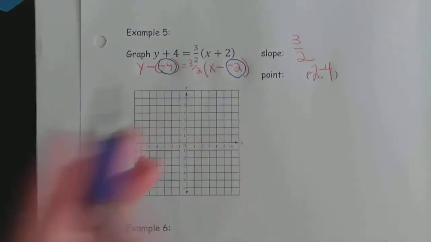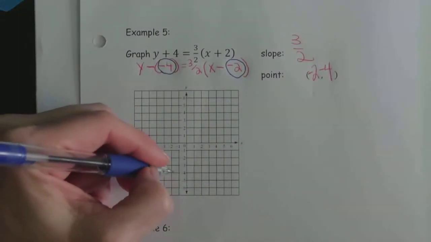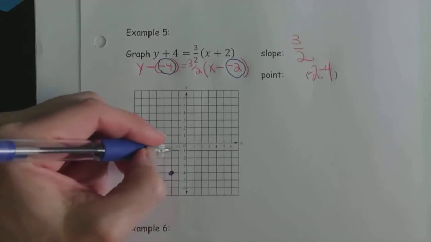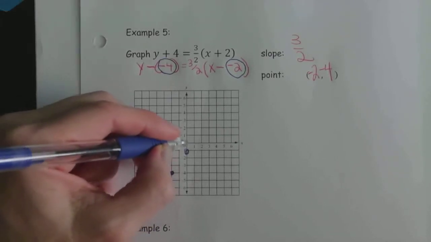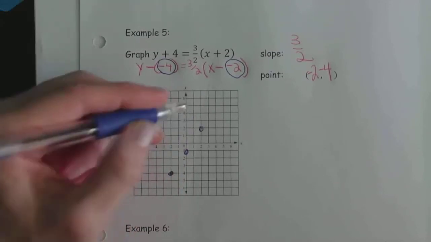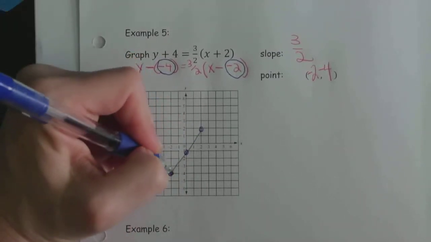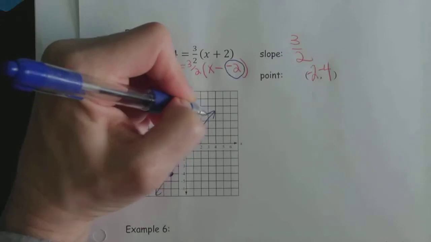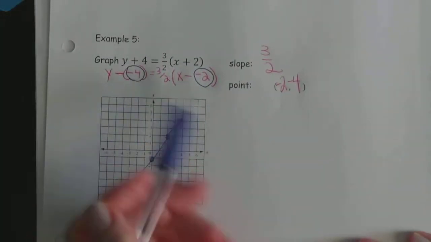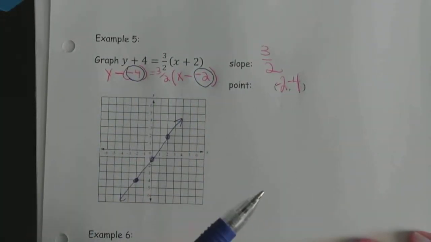Okay? So we plot the point negative 2, negative 4, which puts me here. My slope is up 3, right 2, up 3, right 2. And so here is my line.